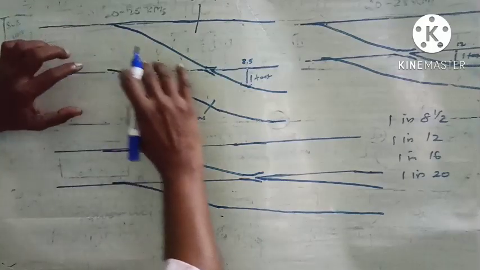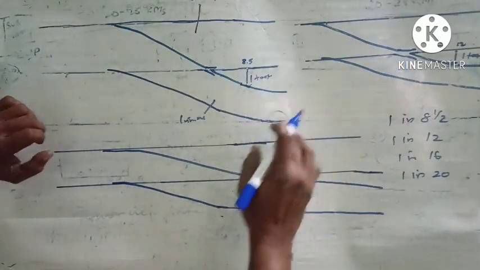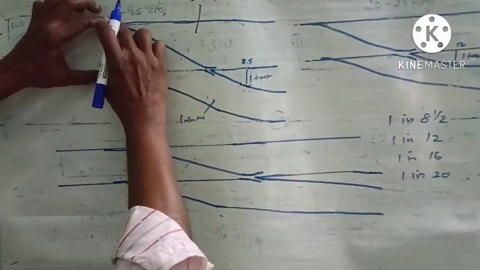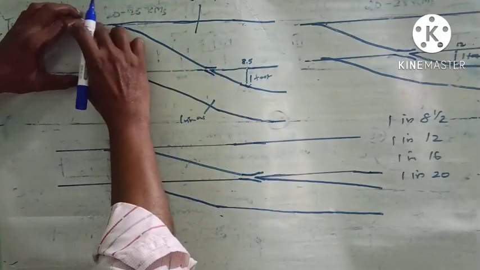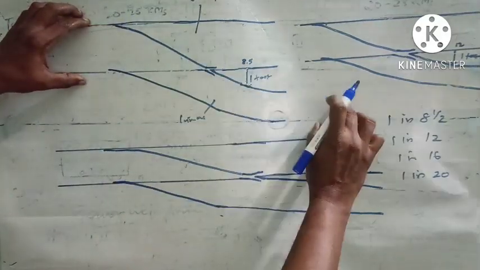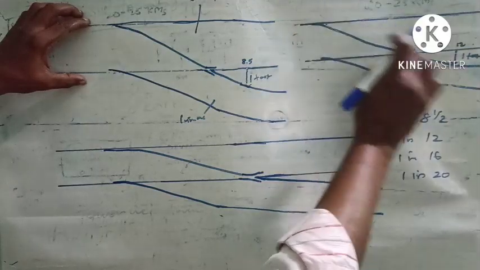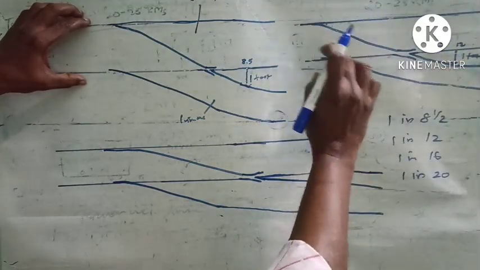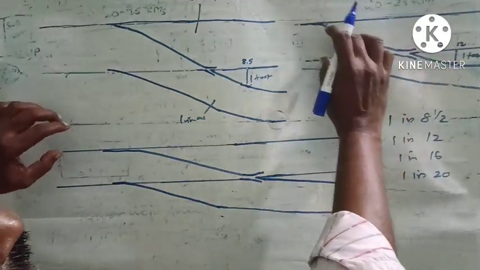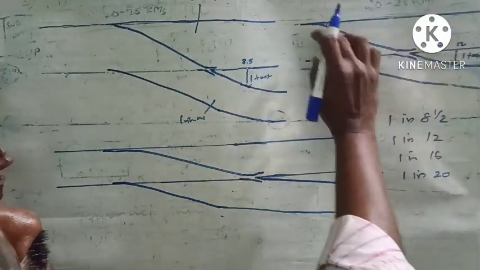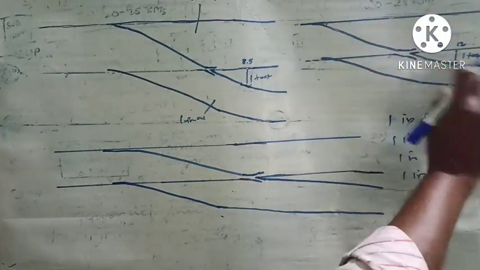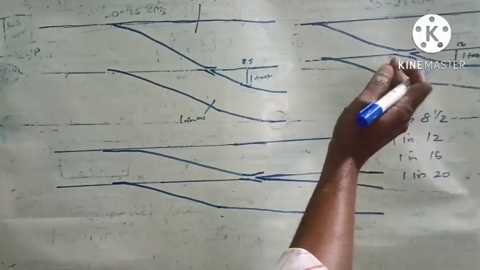Here let us see what will be the difference of these two turnouts. Here this turnout will be very sharp. From the main line it will be going very sharply, whereas this will not be that sharp. Here we can say this track does not have that much curve, that much bend. So what is the benefit?